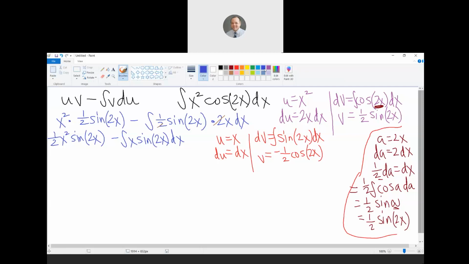All right, so let's plug everything into our parts formula. Bringing down the 1/2 x squared sine of 2x from earlier. Okay, so we got uv minus the integral of v du. Now be careful, there is a minus sign in front of the integral sign here. So bring it down.